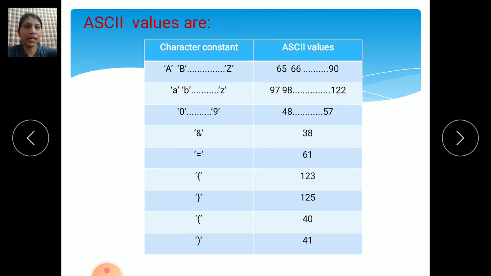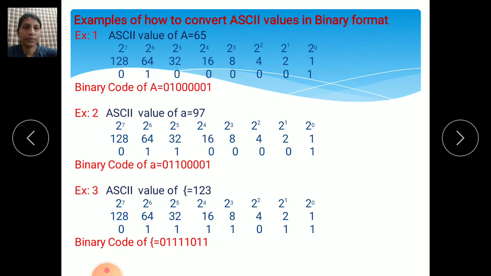Okay, we will see examples here of how to convert any character into binary digits with the help of ASCII values. See here, these are the examples of how to convert ASCII values into binary format. Every digit or every character or special symbol has a specific ASCII value, and using that ASCII value, we can convert it into binary digits.